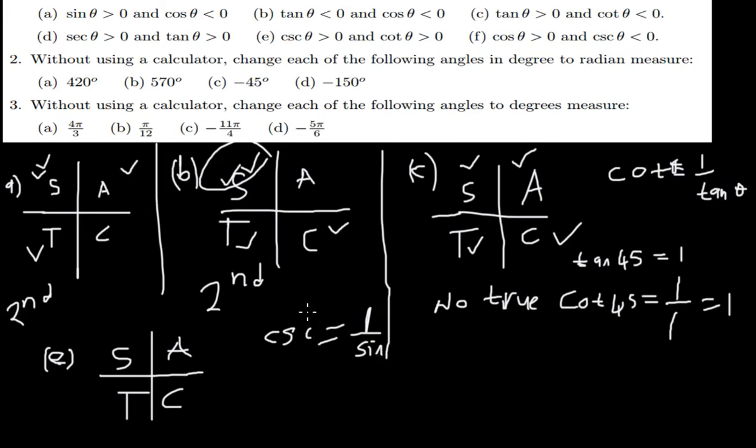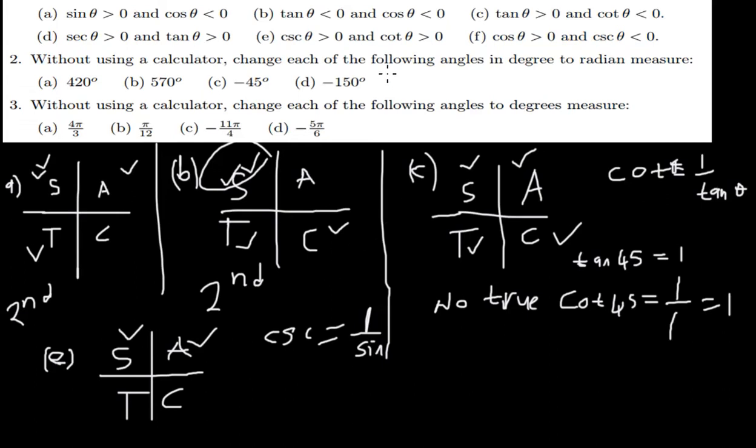So the quadrants where cosec theta is greater than 0 are the same quadrants where sine theta is greater than 0, or the same quadrants where 1 over sine theta is greater than 0, which are the first and the second quadrants. So in the first and the second quadrant, sine is positive.